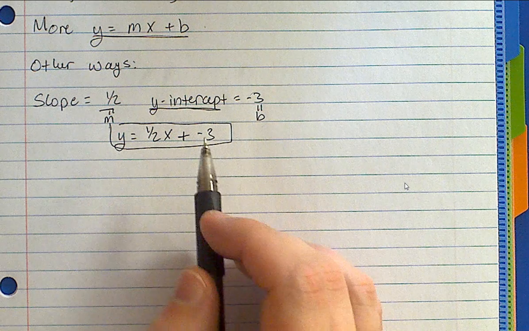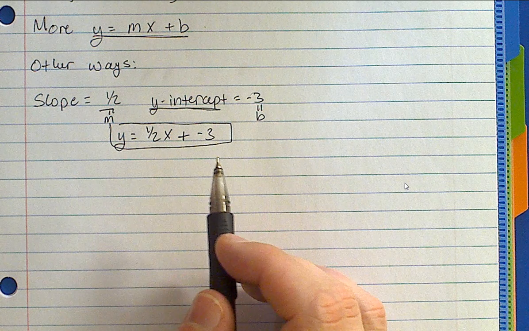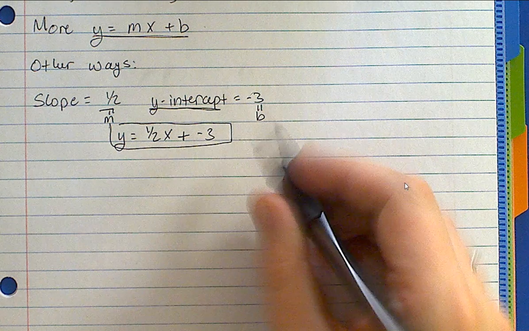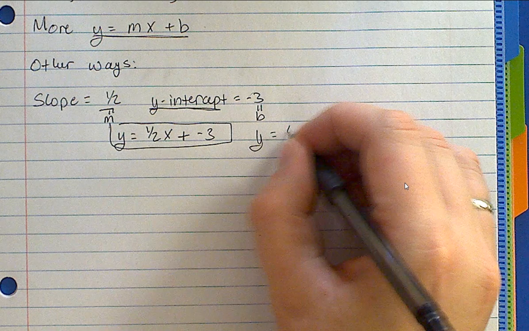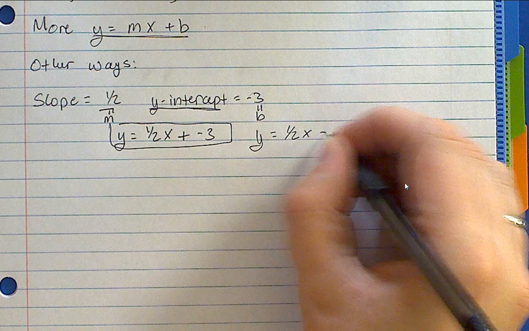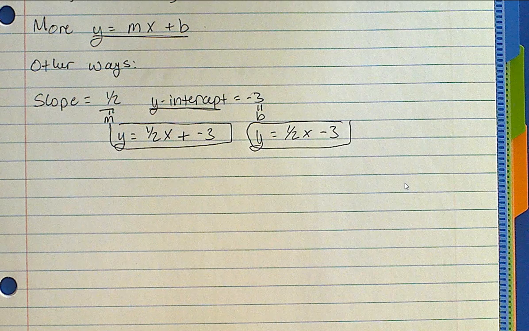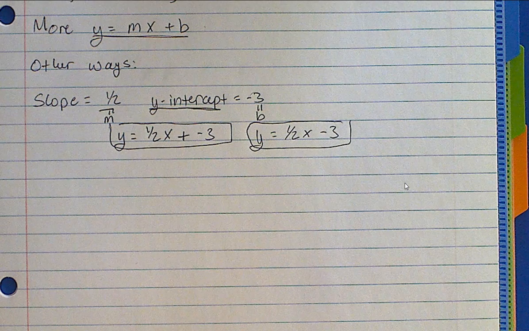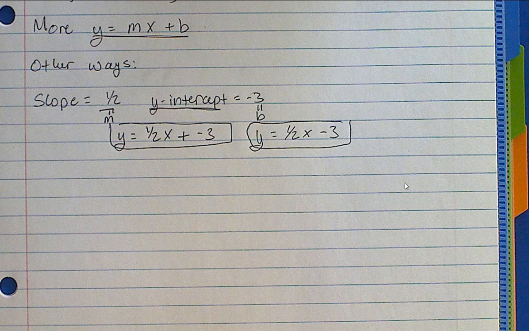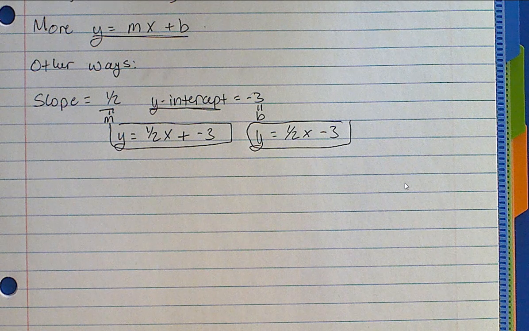If you were to write it as y equals 1/2 x minus 3, that's fine too. They're equivalent to each other. This is the easiest possible version of this kind of stuff, the easiest thing we're going to cover this entire unit.